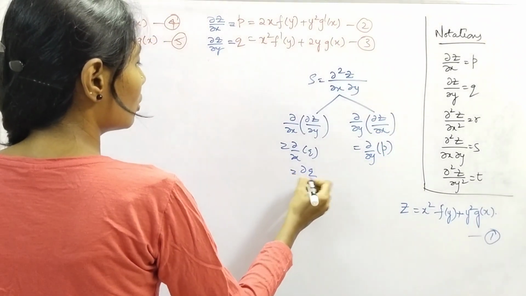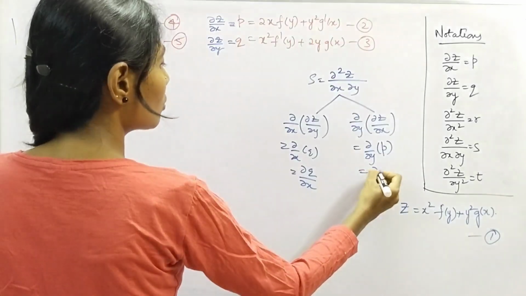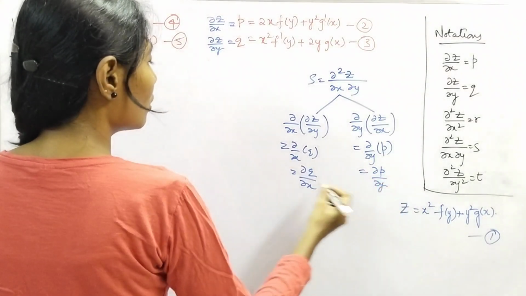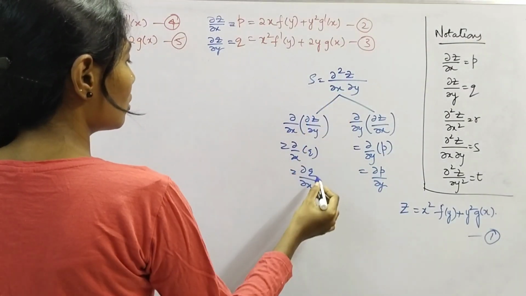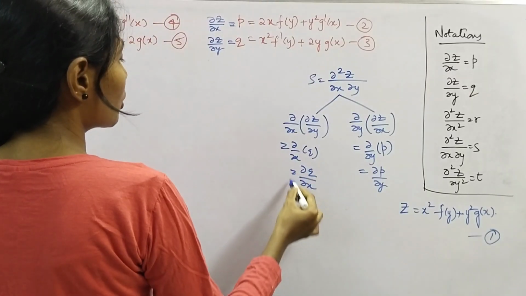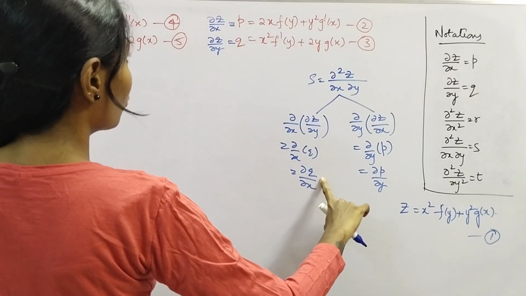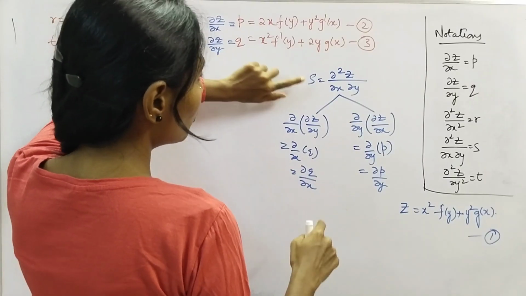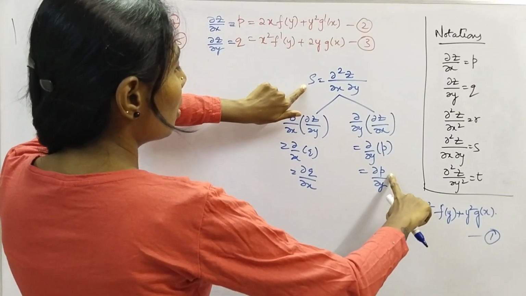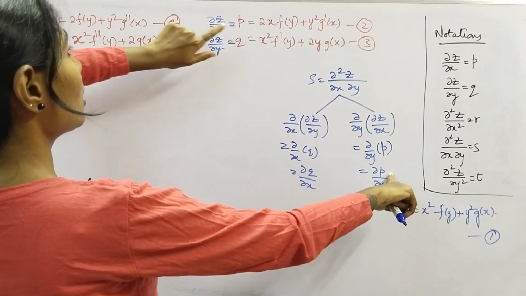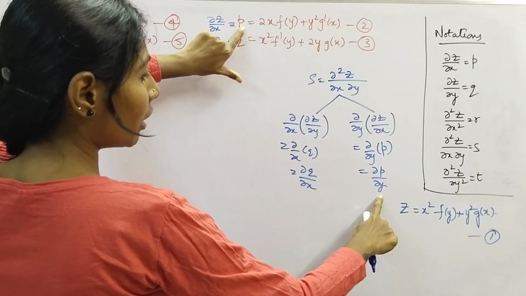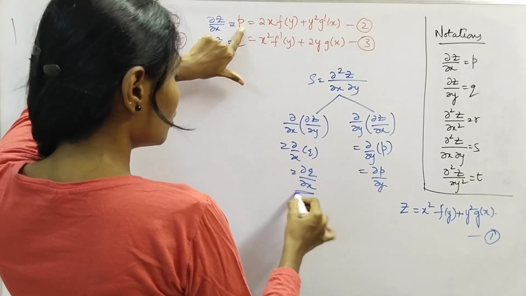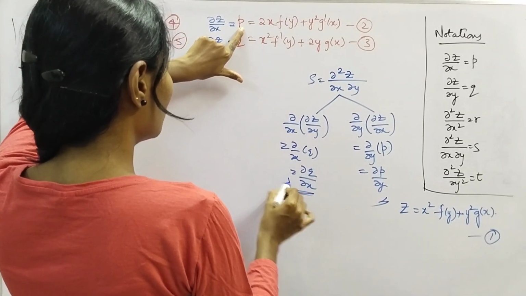This gives dou q by dou x and this gives dou p by dou y. So you can find the equation involving s by partially differentiating the equation involving q with respect to x, or by partially differentiating the equation involving p with respect to y. So you can go for this or this. I'll go for this.